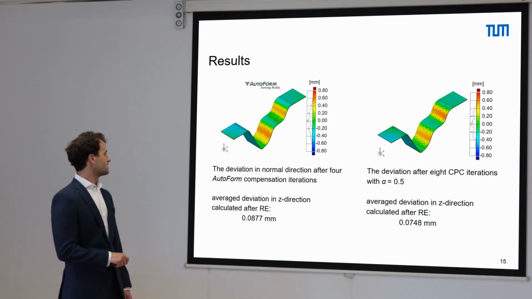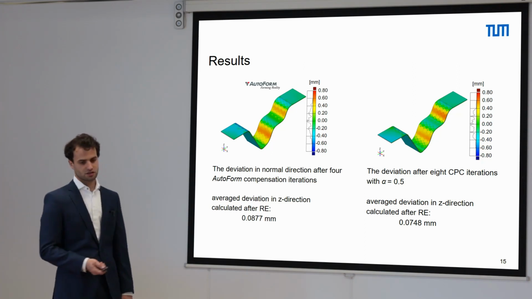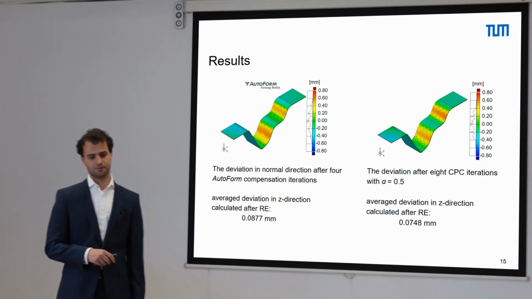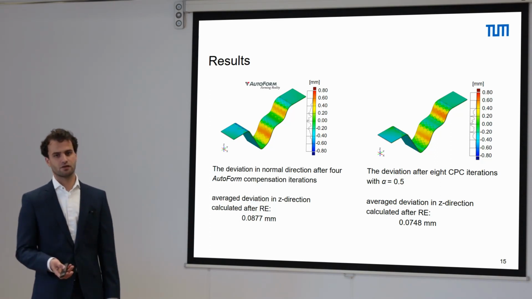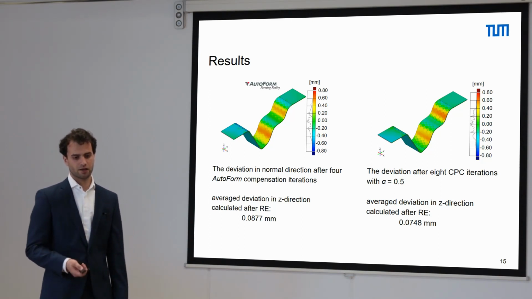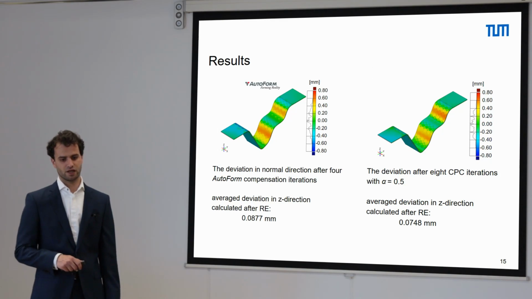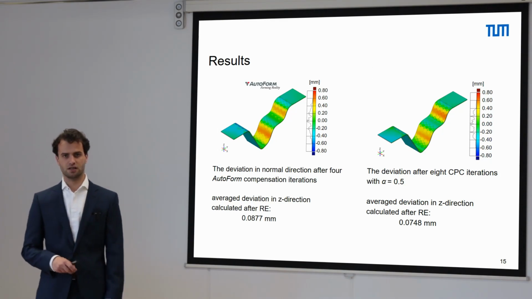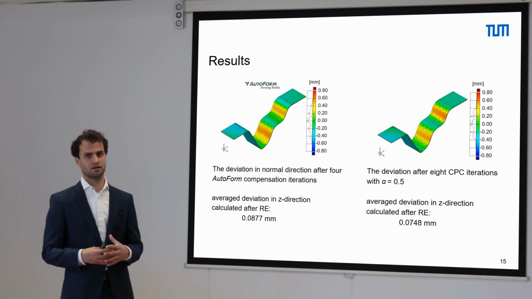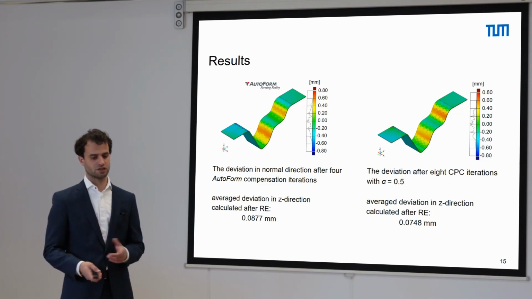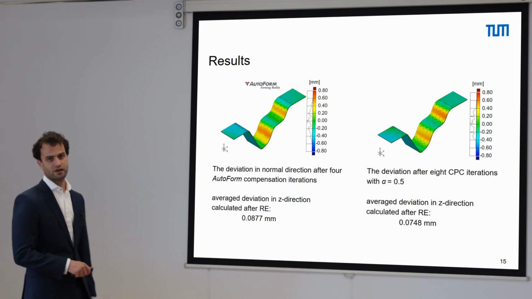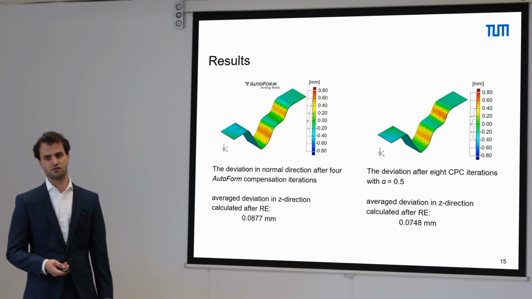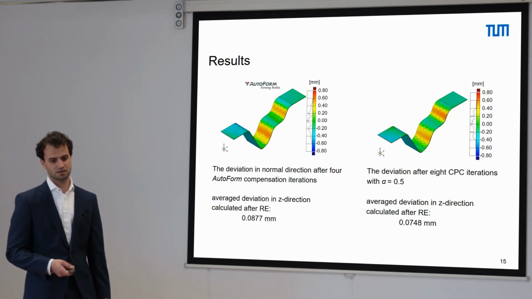Here the false color image is using the normal direction to show the deviation. But after the reverse engineering, I calculated the average deviation in Z direction as well and compared those deviations to each other. After the reverse engineering with AutoForm, we have an average deviation of 0.0877 millimeters.